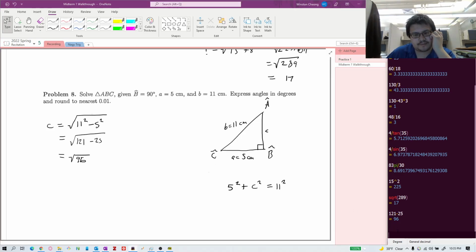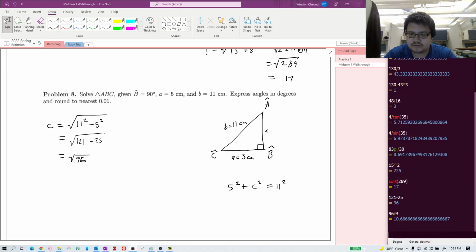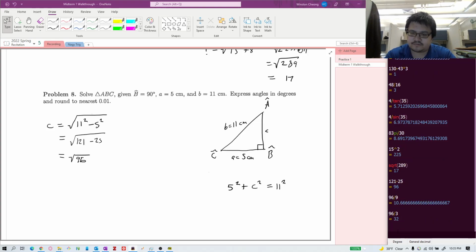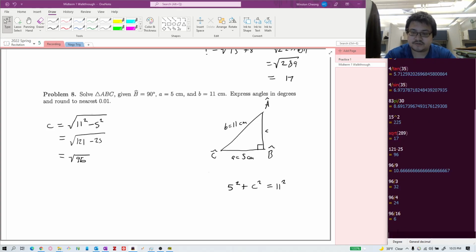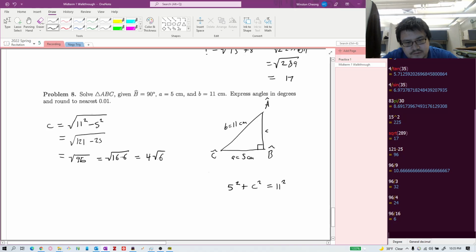You can probably pull out multiple copies of 2. 96 over 4 is 24. Okay, so I can divide by 16 actually. So this is actually equal to 16 times 6, which means that in reduced form, this is 4 radical 6.